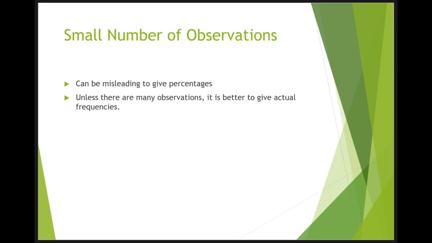Here is another important point about pie charts. If a pie chart is based on a small number of observations, it can be misleading to label the pie slices with percentages. For example, if just 5 people had been interviewed by Apple and 3 were former Windows users, it would be very misleading to display a pie chart with the Windows slice showing 60%.